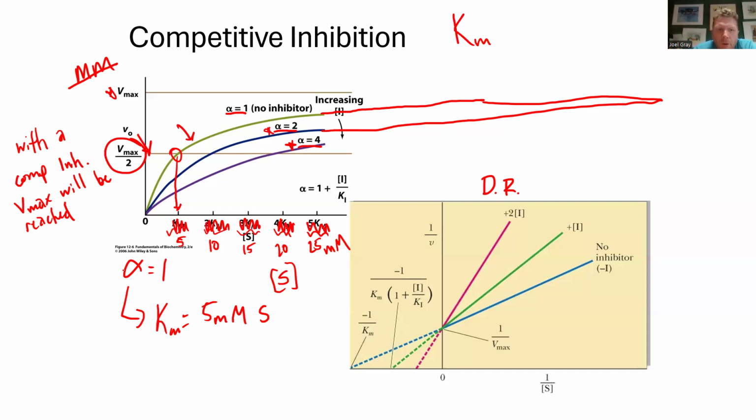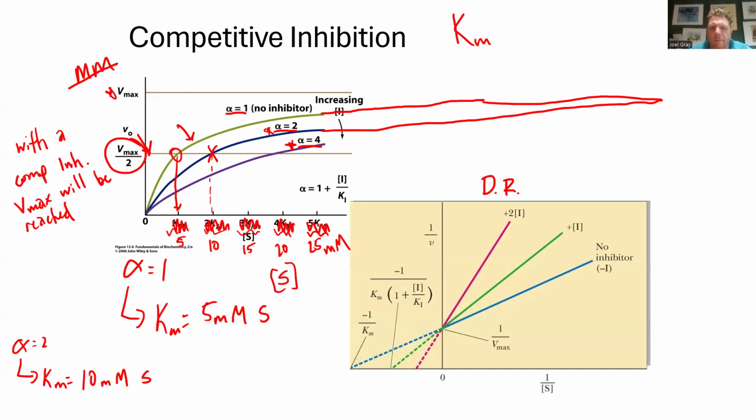Now, for the next point, when alpha equals 2, I needed to figure out where Vmax divided by 2 is, and I follow that dashed line over. At alpha equals 2, Km equals 10 millimolar of my substrate concentration.